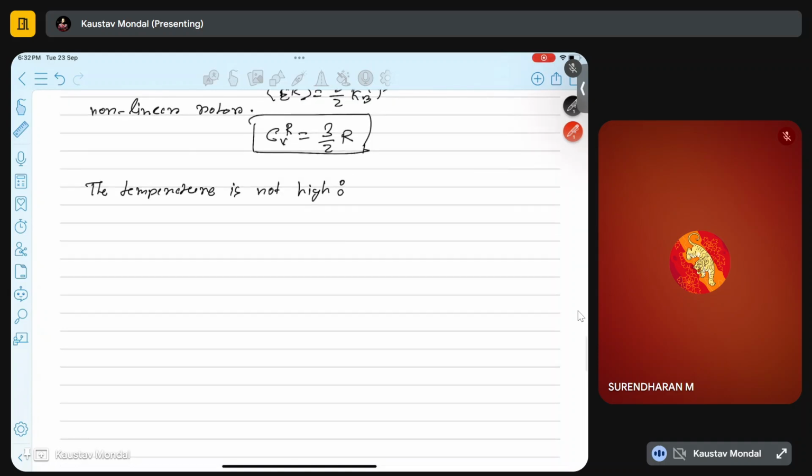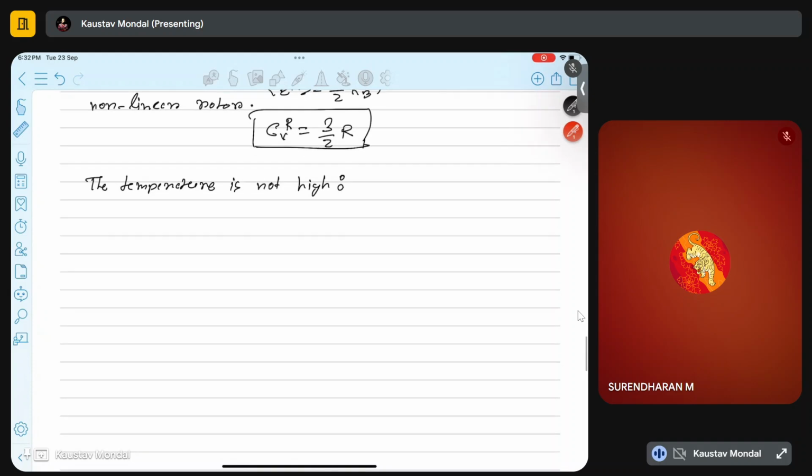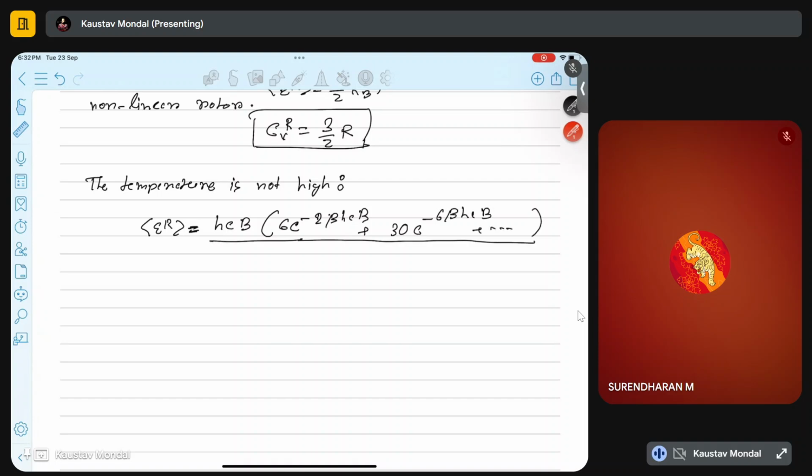If the temperature is not so high, then we know the rotational energy term will take a big expression, HCB into 6 into e to the power minus 2 beta HCB plus 30 into e to the power 6 beta HCB plus, whole thing divided by 1 plus 3 into e to the power minus 2 beta HCB plus some higher order terms.